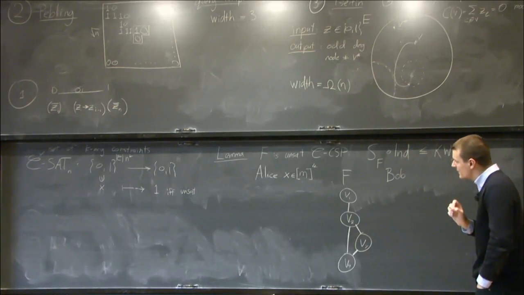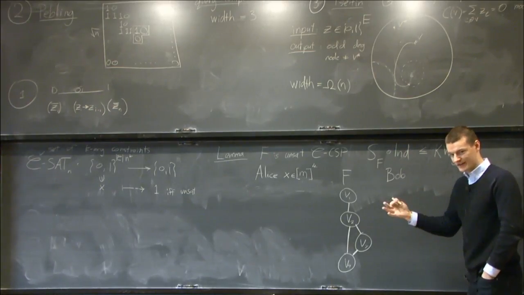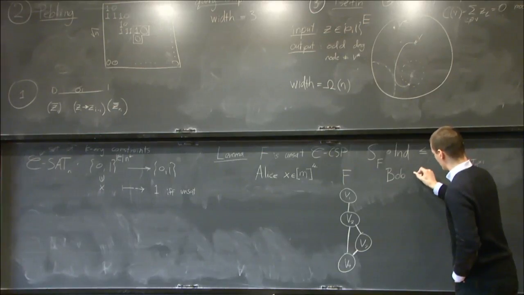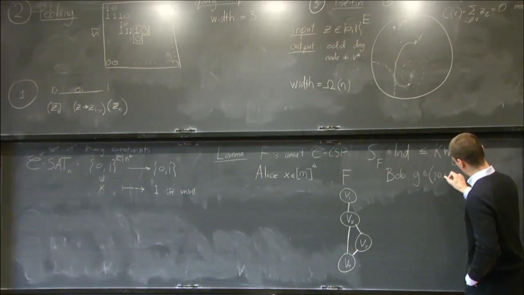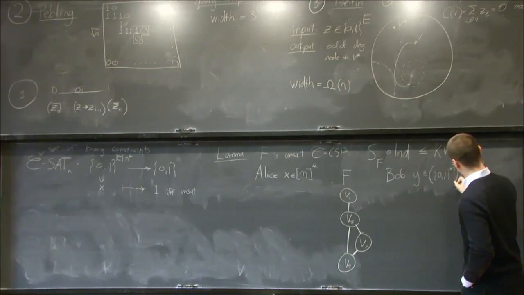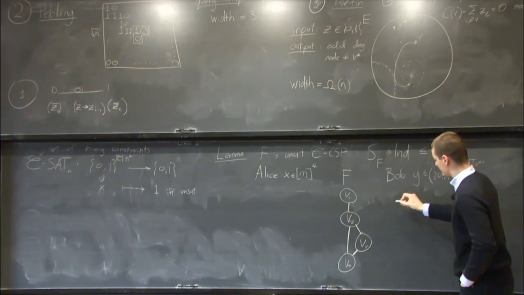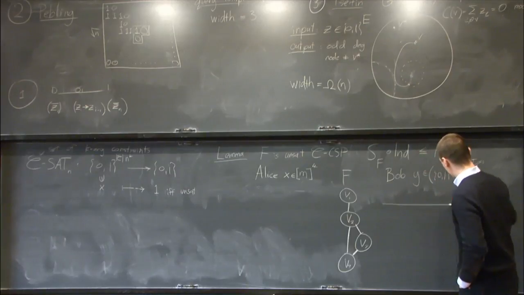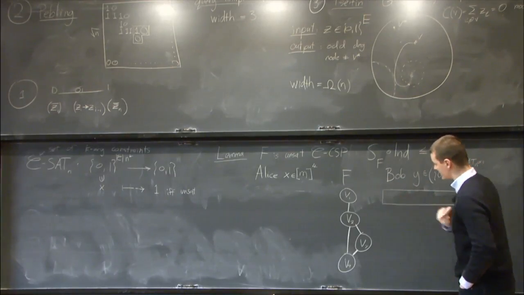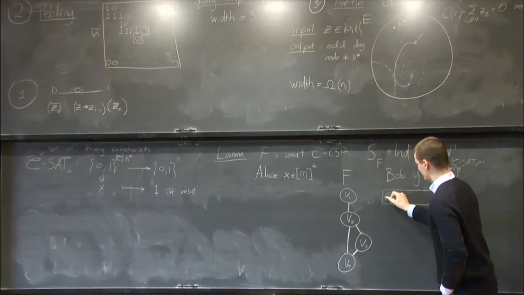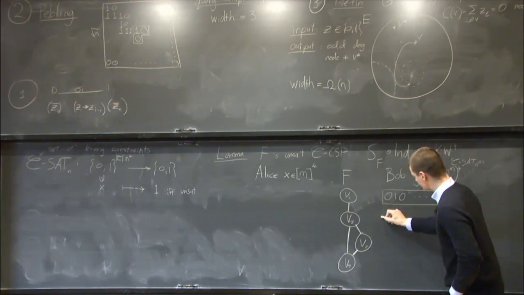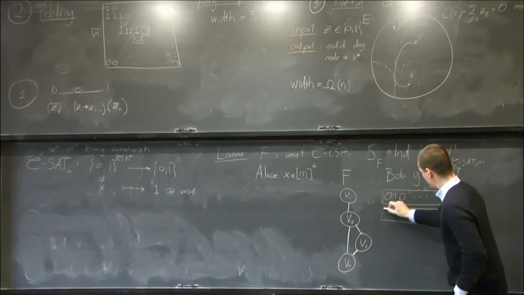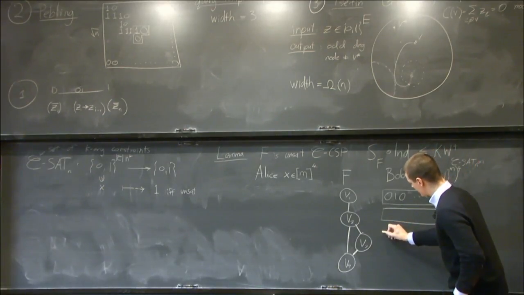And Bob gets an m-bit string y for each of the variables. I want to draw a picture of this actually. So this might be one of the m-bit strings. It's something like 0, 1, and so on. And I have one of these strings for each of the variables.